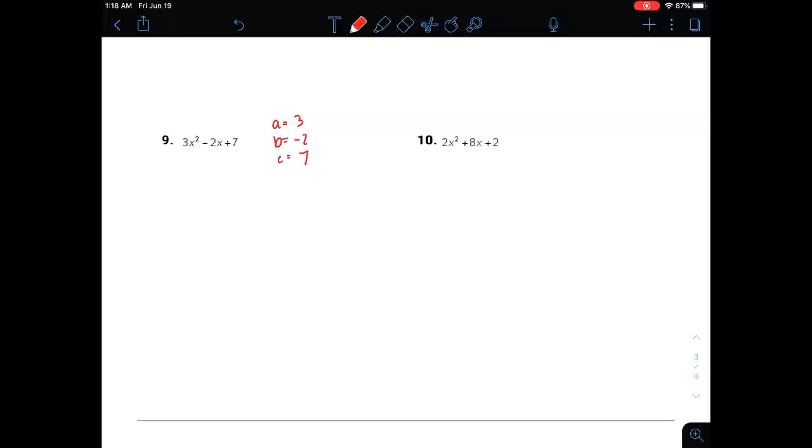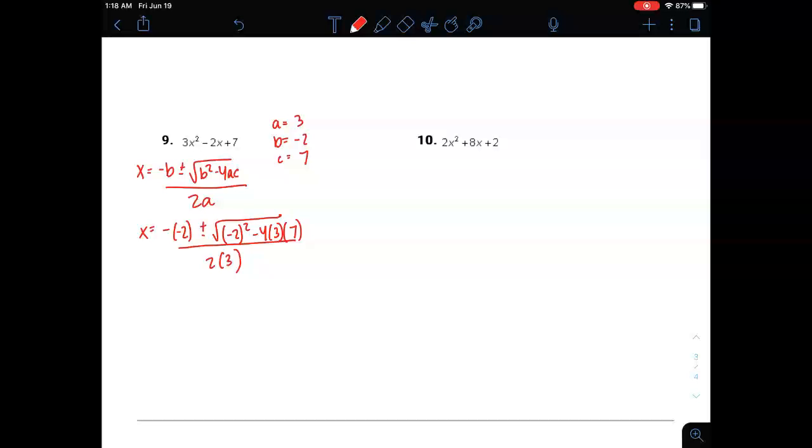All right, and then I'm using my quadratic equation, x equals negative b plus minus square root b squared minus 4ac all over 2a. So now I plug into my equation, negative 2 plus minus square root of negative 2 squared minus 4 times by 3 times by 7 all over 2 times by 3.